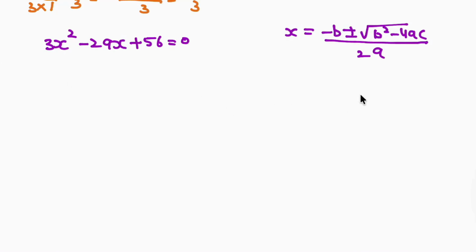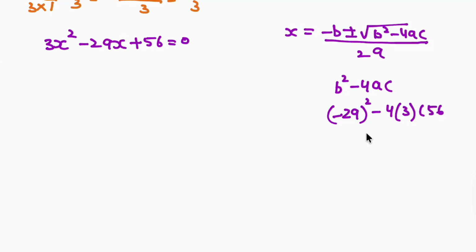But sometimes calculation errors happen, so we can calculate b squared minus 4ac first and then plug it in. So basically we divide the calculation into smaller parts. b squared minus 4ac is negative 29 whole squared minus 4 times 3 times 56.